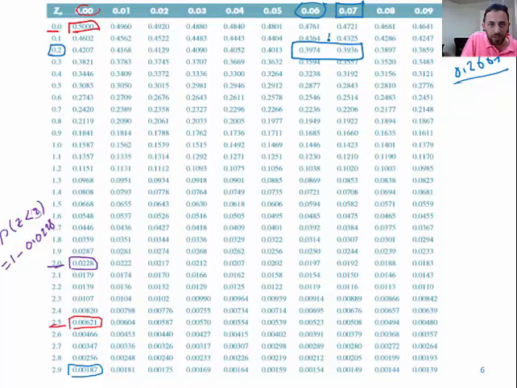We want to determine the value in between 0.26 and 0.27, and we need to determine it by interpolation. So I will be copying this 0.26, which has a probability of 0.3974, and the probability of 0.27 is 0.3936. Our objective is to find the value for 0.2607, in between.